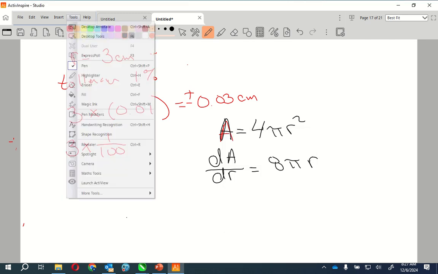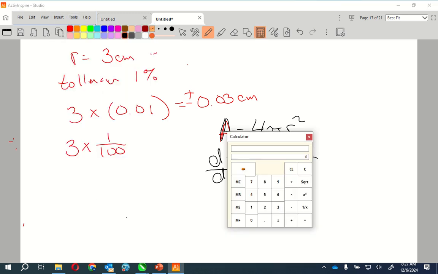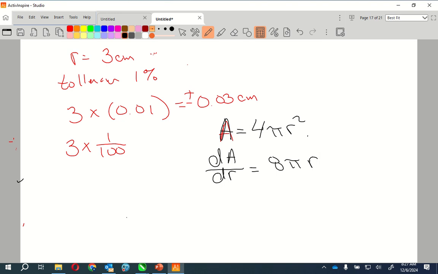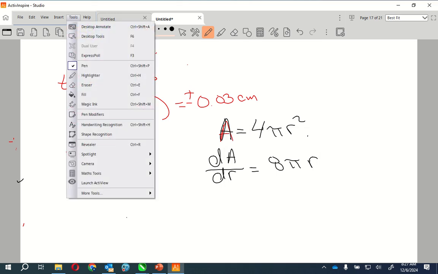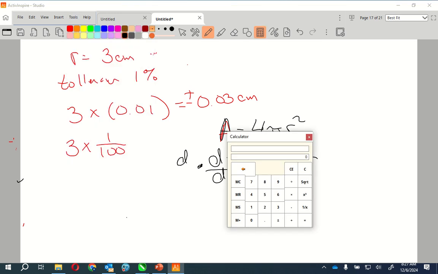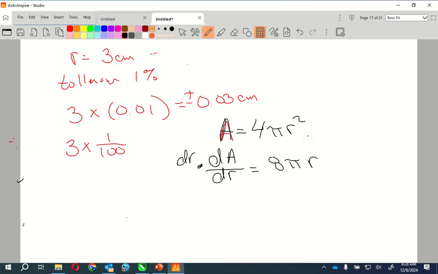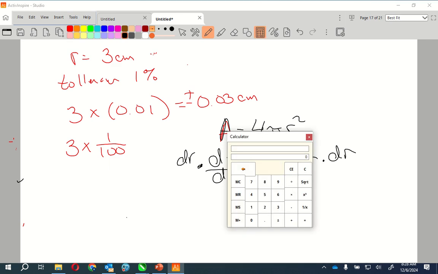And then what we learned the other day, when we were trying to get my delta A, my dA by itself, I'm going to multiply both sides of this problem by delta r. So multiply everything by dr.